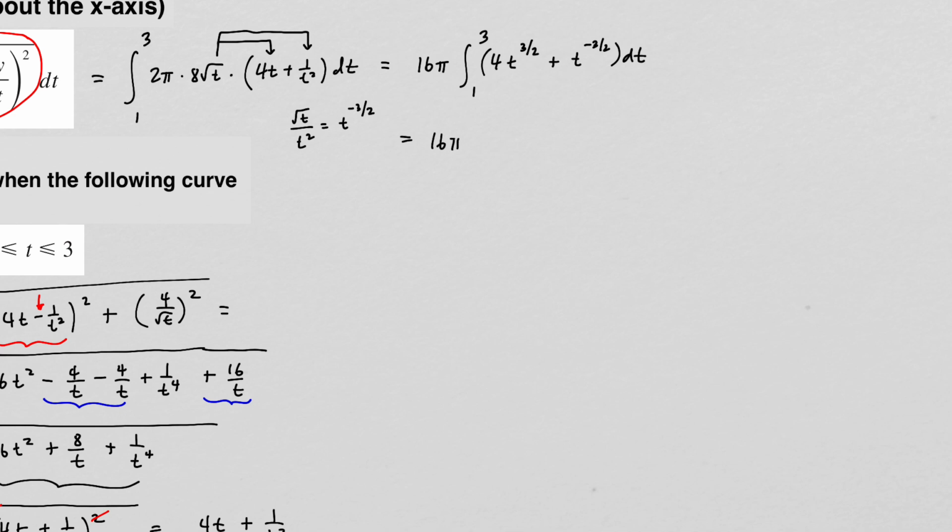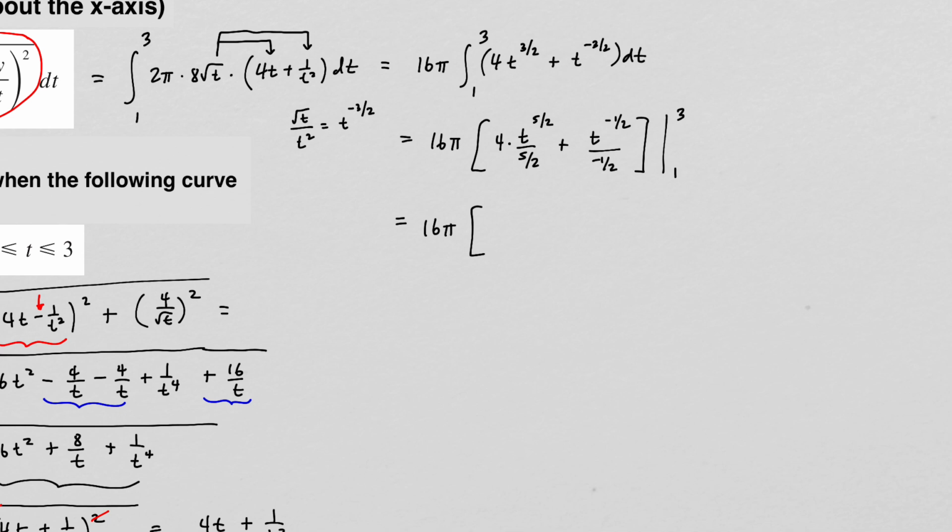Now we'll just go ahead and use the power rule. So 16 pi multiplied by 4 t to the 5/2 divided by 5/2 plus t to the negative 1/2 divided by negative 1/2. And this goes from 1 to 3. Now, of course, we want to simplify here. So we have 16 pi.